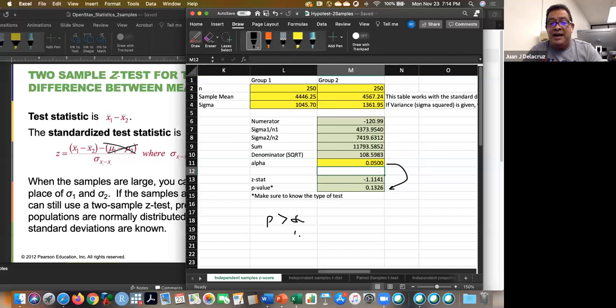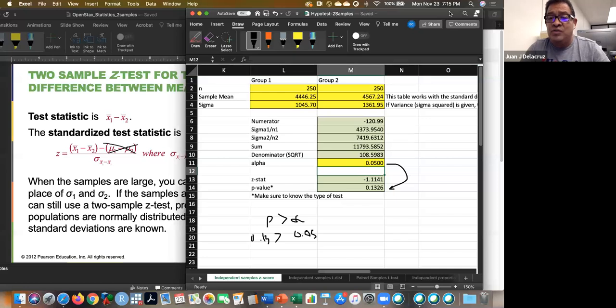So I have an alpha of 5%, and I have a computed p-value of 13%, right? Because the p-value is greater than alpha, I am going to fail to reject.